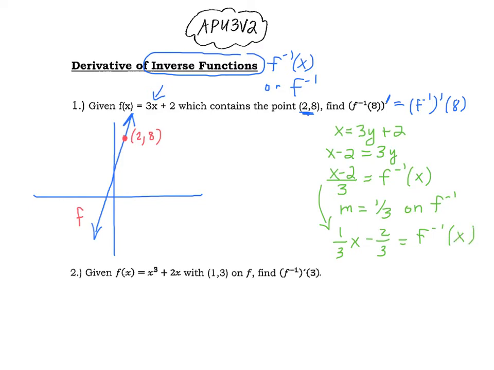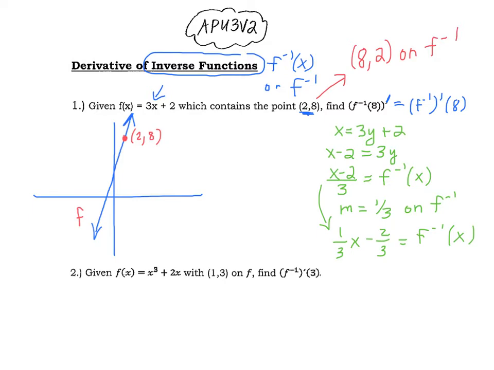So let's graph that just to get a feel for what's happening. Recall that if (2, 8) is on f, then (8, 2) is going to be on f inverse. So let's plot that.